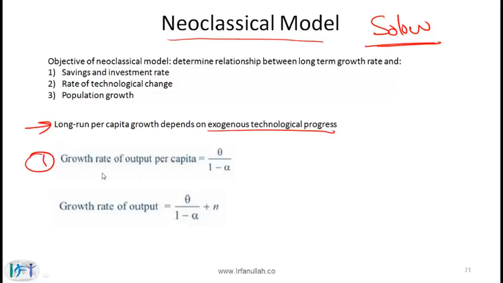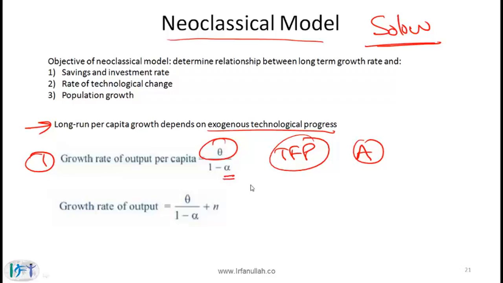The growth rate of output on a per capita basis is theta divided by 1 minus alpha. The theta represents the growth rate in total factor productivity. So this is the A, or this is the growth rate in technology. So the growth rate of real output per capita is equal to the growth rate of total factor productivity divided by 1 minus alpha.